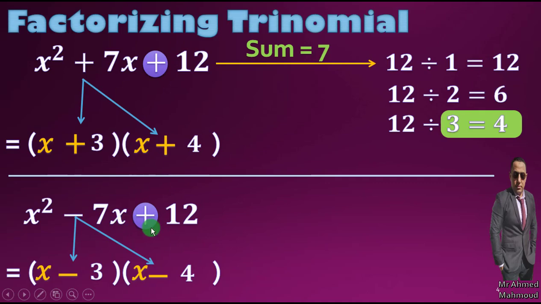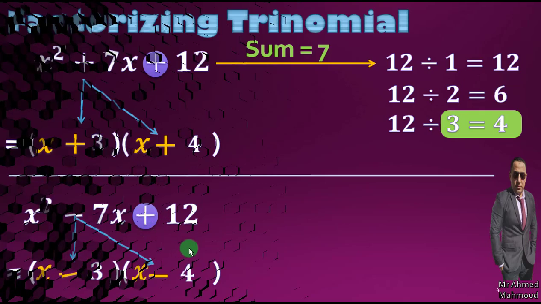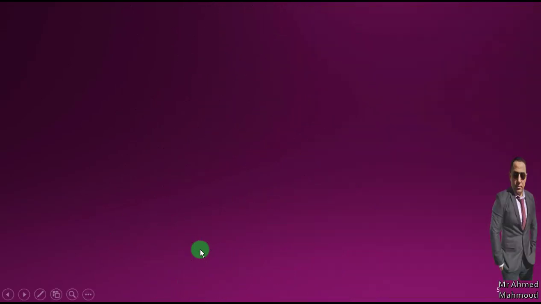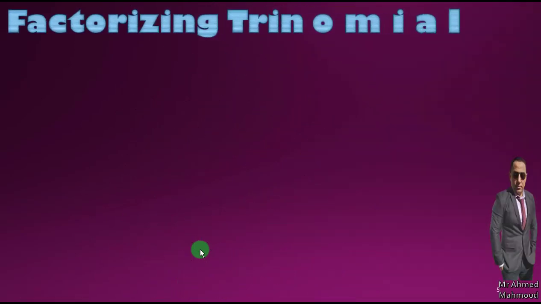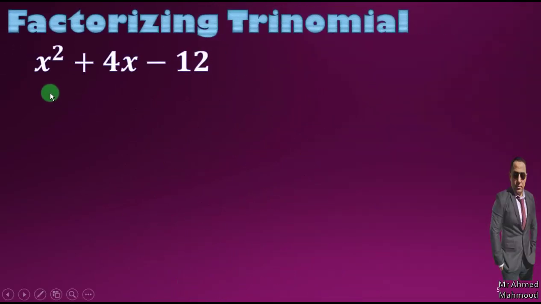Next, inshallah, I'm going to explain what will happen if this sign is negative. Also factorizing a trinomial, for example, x power of 2 plus 4x minus 12. As I told you before, I'm going to teach you how we can factorize with the negative sign.